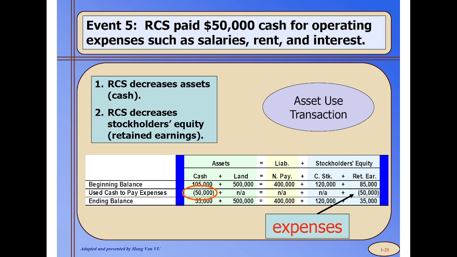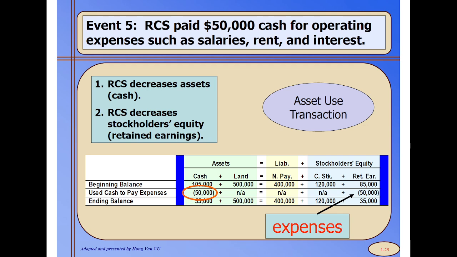So now look at another transaction where the company has to pay for its operating costs. The company spent cash for operating expenses such as salaries, rent, and interest. Here, the company paid 50,000, so we call this using cash to pay expenses.